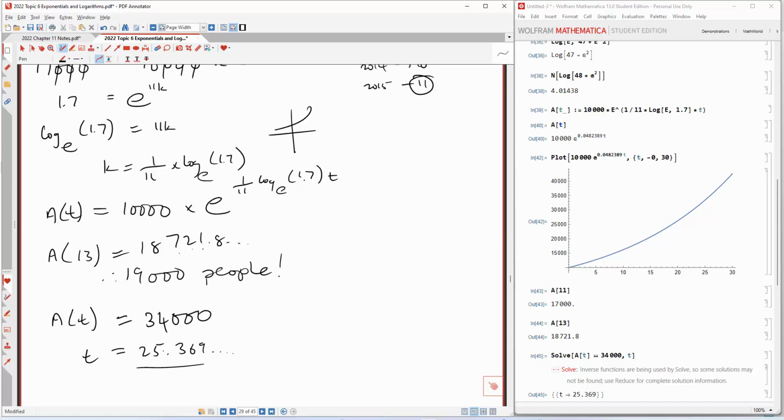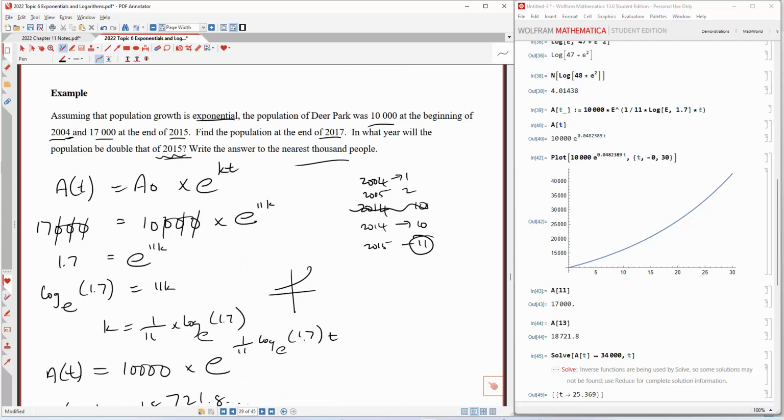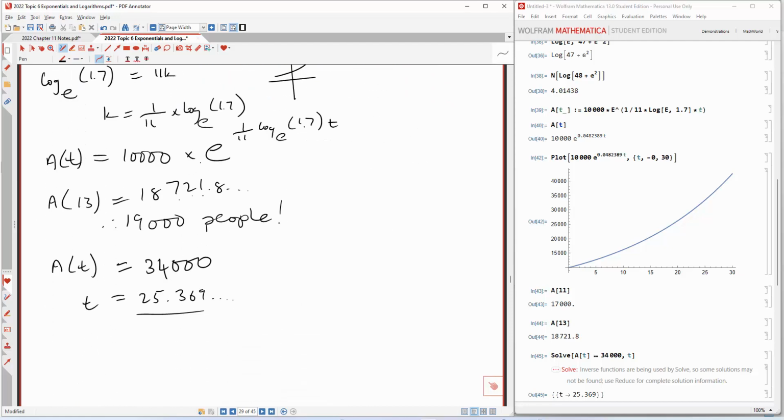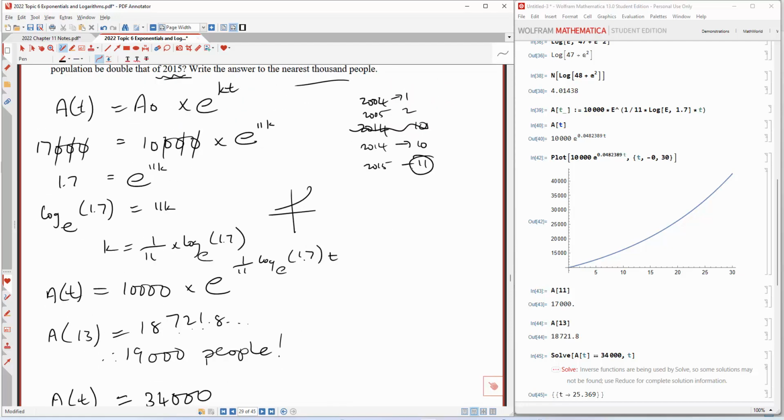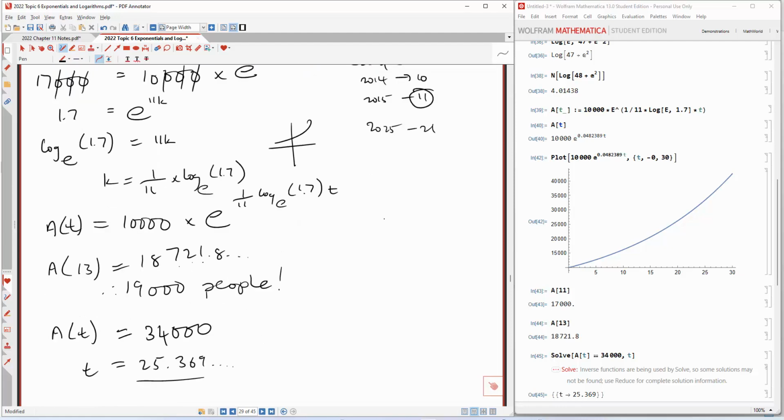So what is the 25th? 11 years is 2015. 2025 is going to be another 10 years after that, so that's 21. 2026 is 22, 23, 24, 25, 26, then 27, 28, 29.